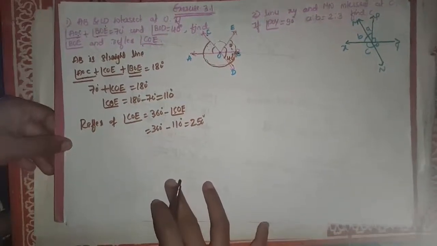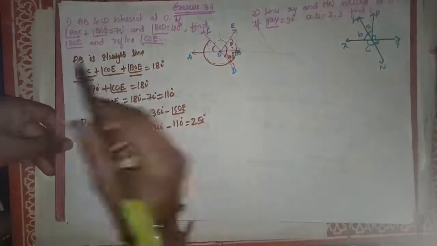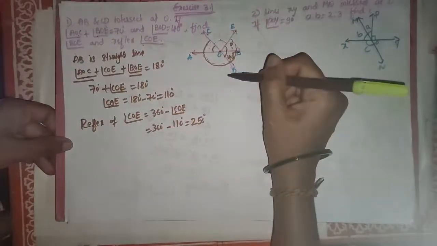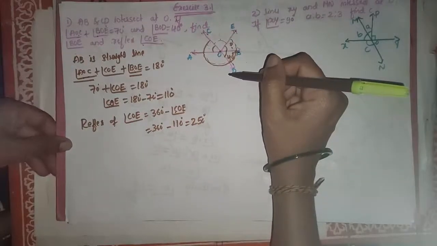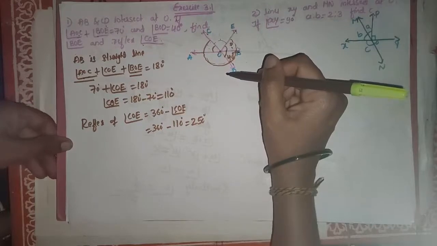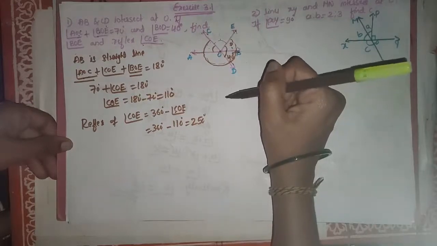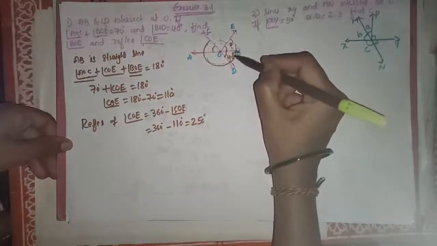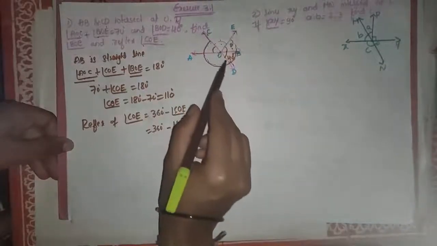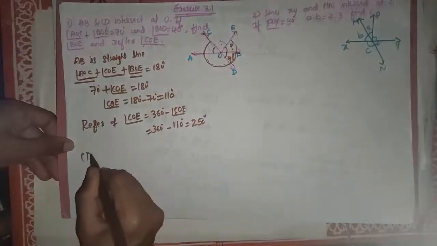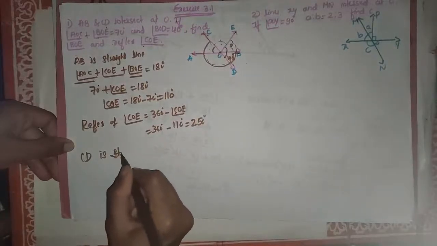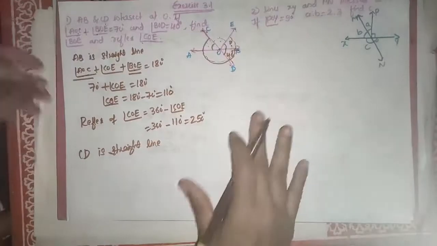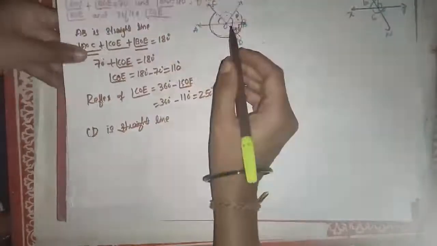Now we need to find out angle BOE. Okay, so let's find out this one. So here in this case we know that CD is a straight line. Sum of these three angles is 180. So then which angles lie on CD?